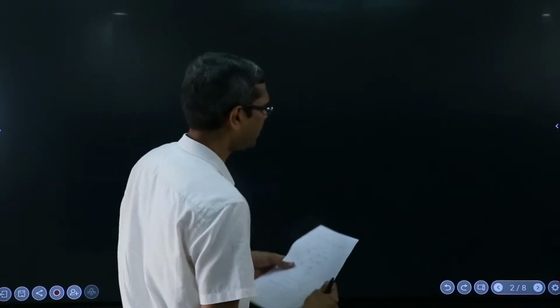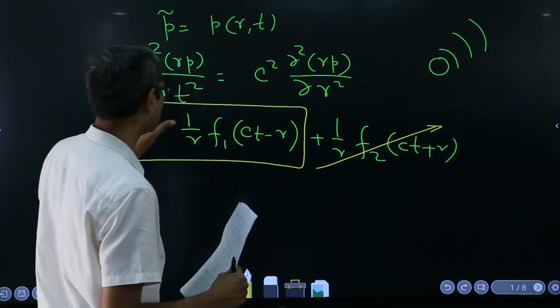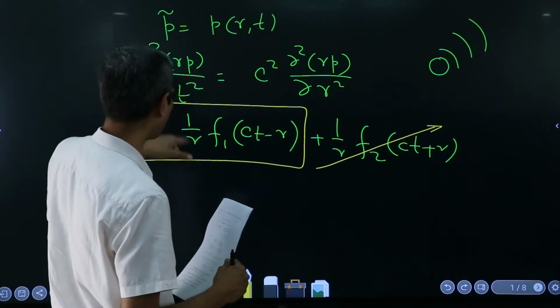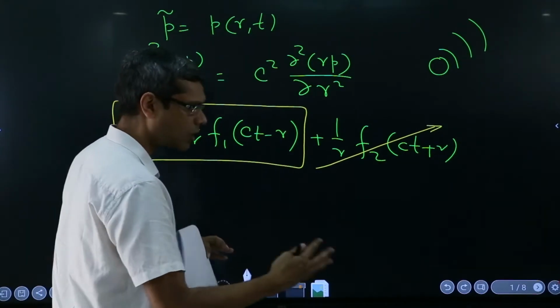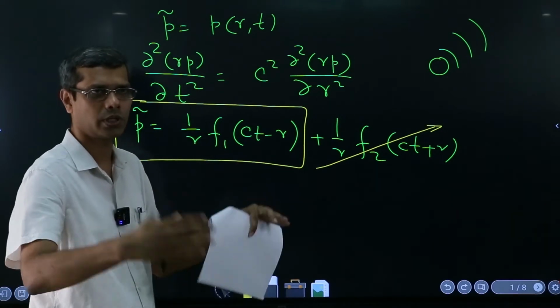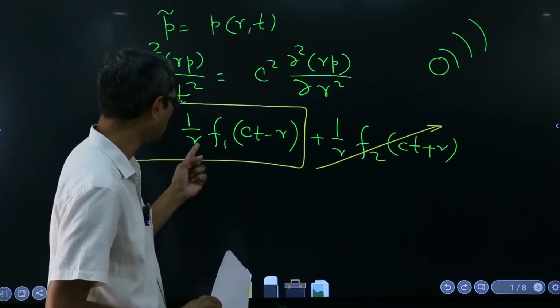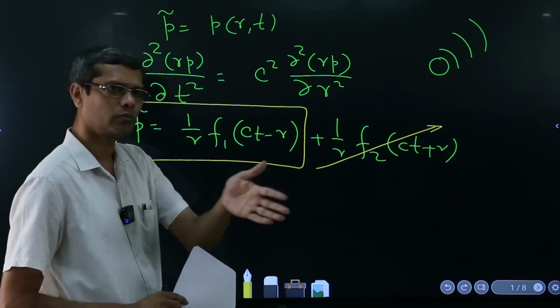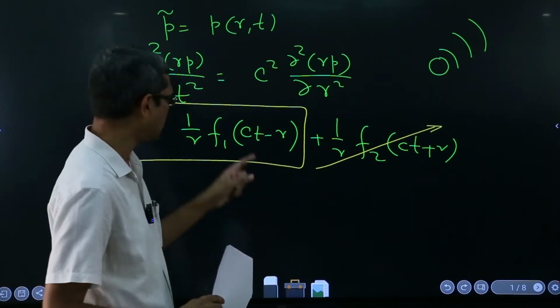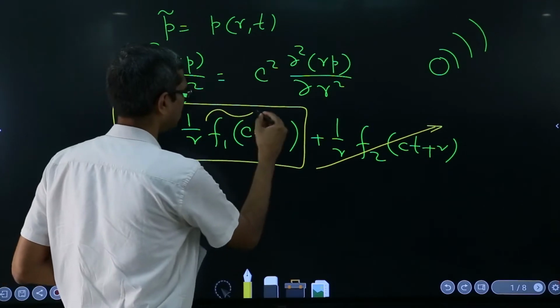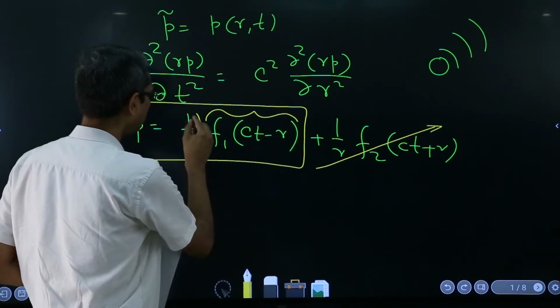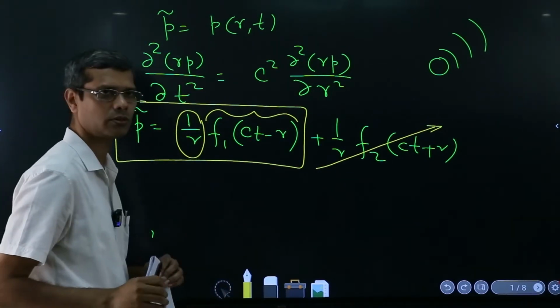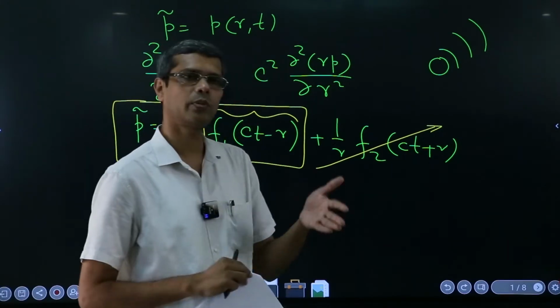From there we went into the discussion that this 1 by r is the cause for the amplitude getting reduced. As you increase r, the amplitude of the pressure goes on decreasing. The shape remains the same but the size decreases, so that's the difference from the plane wave.